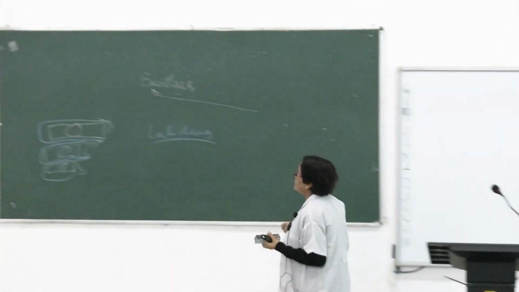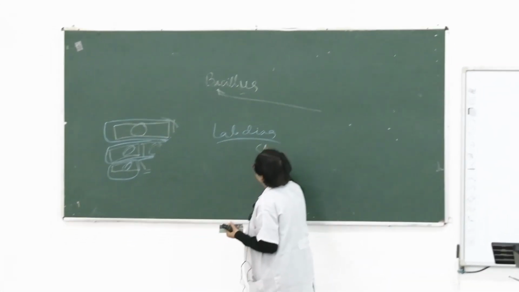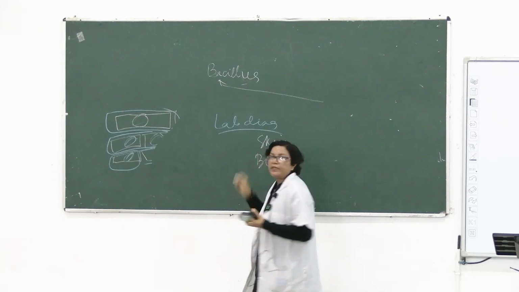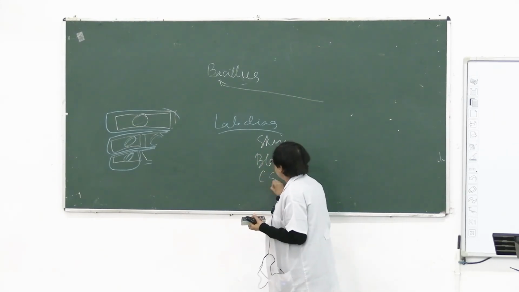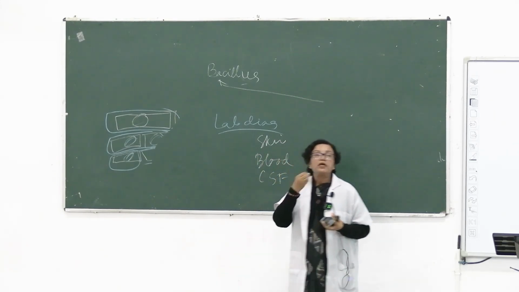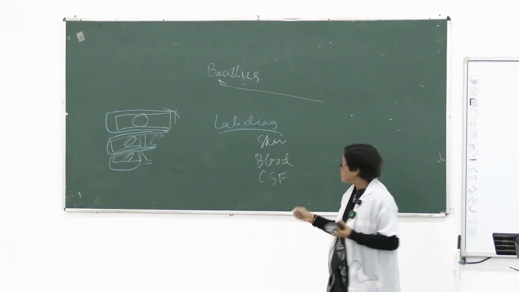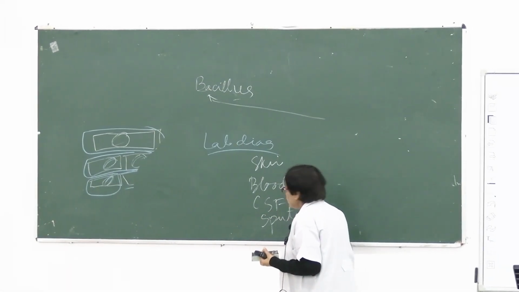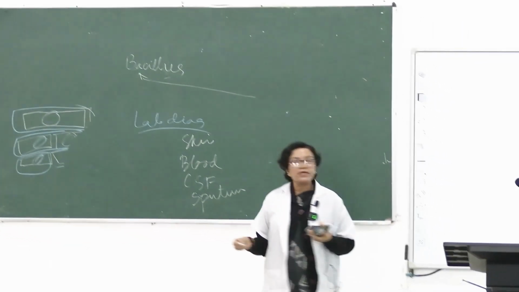So sample is skin scraping, then blood. If there is meningitis, we have to take CSF. If there is pulmonary lesion, we have to take sputum. And if there is diarrhea, we have to take stool.